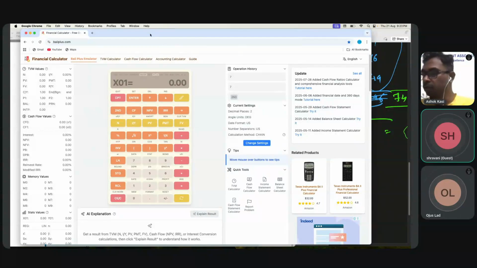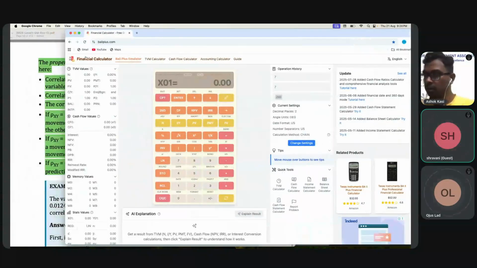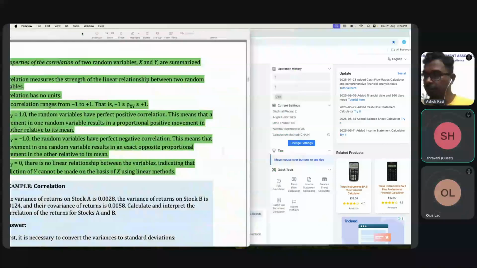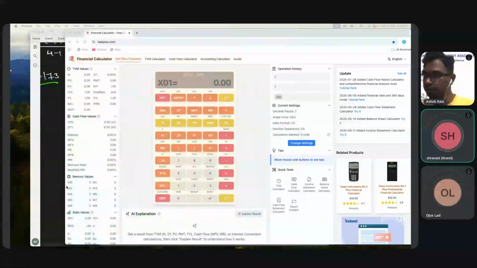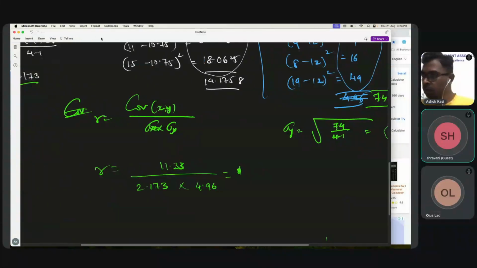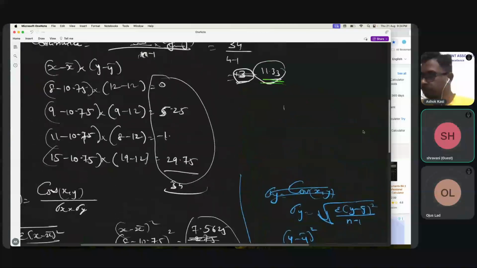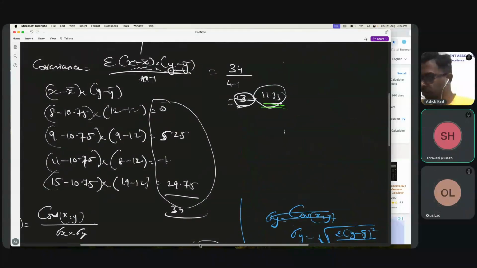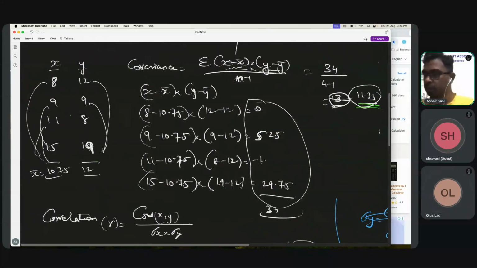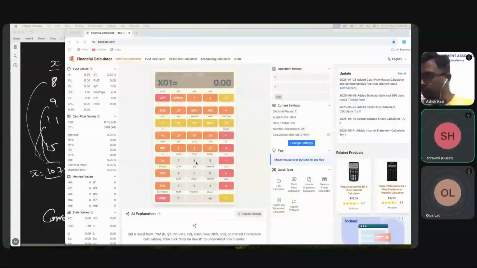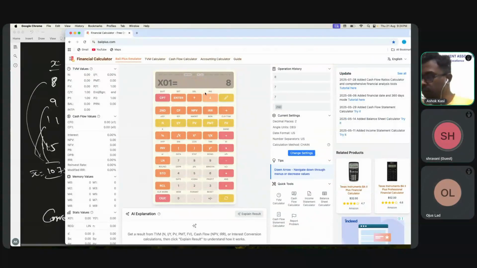So X01 is 8. Enter. Then downward arrow.